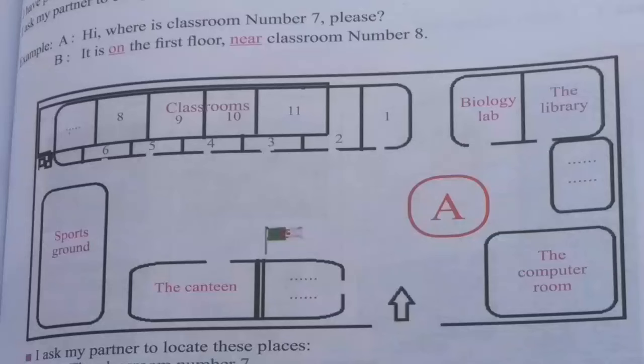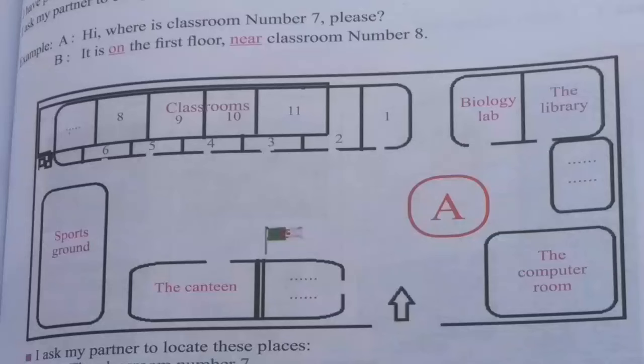B answers: It is on the first floor near classroom number 8. It is, إنه, classroom number 7 on the first floor, في الطابق الأول, near, قرب أو بالقرب من, classroom number 8, القاعة أو القسم رقم 8.